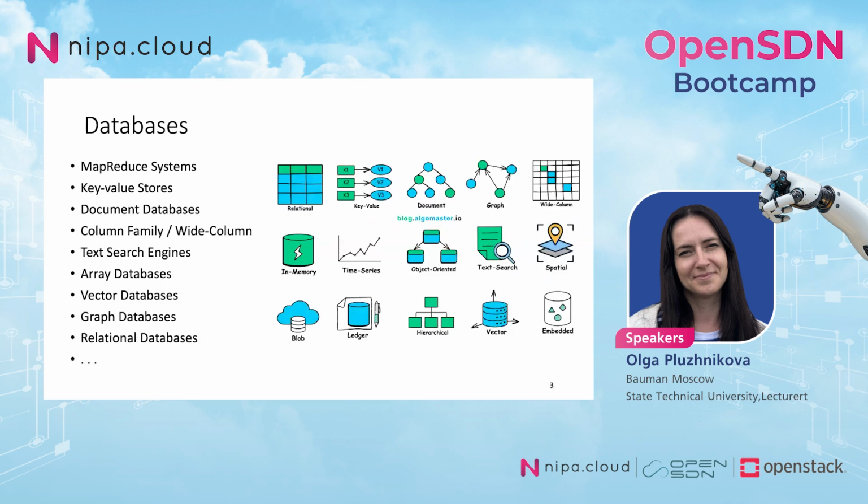Of course, there are many types of databases. Each of them has advantages and disadvantages. Many of them solve specific narrowly focused tasks, serve niche markets, but relational databases are still very popular.